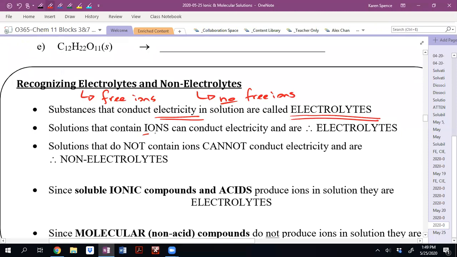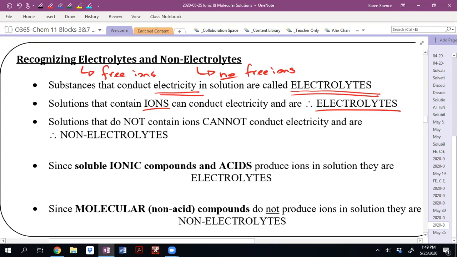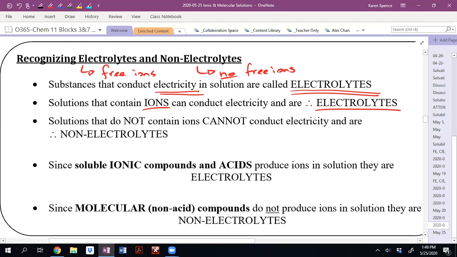Solutions that contain ions can conduct electricity and are called electrolytes. Solutions that do not contain ions cannot conduct electricity and are non-electrolytes, because in order to conduct electricity, you need charged particles that can move.